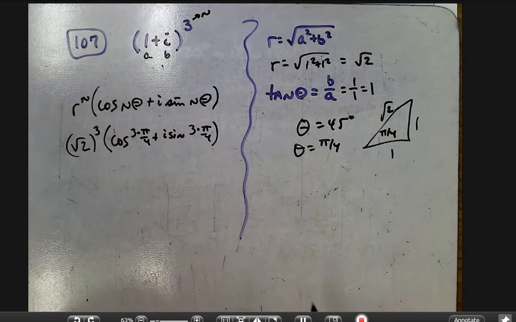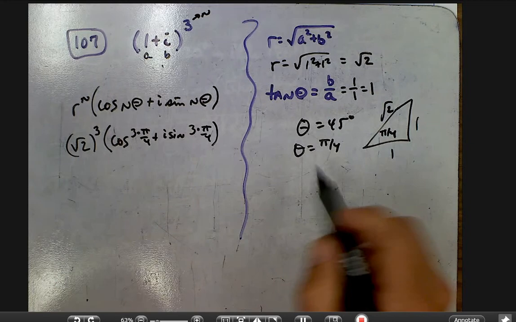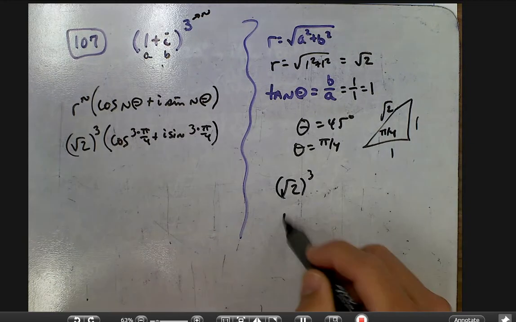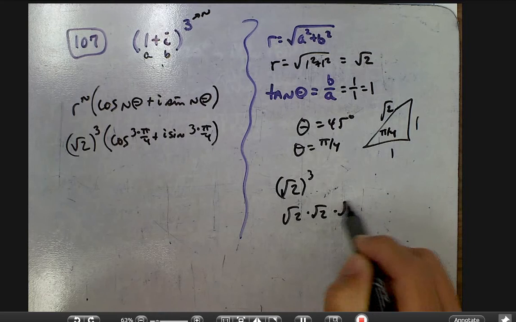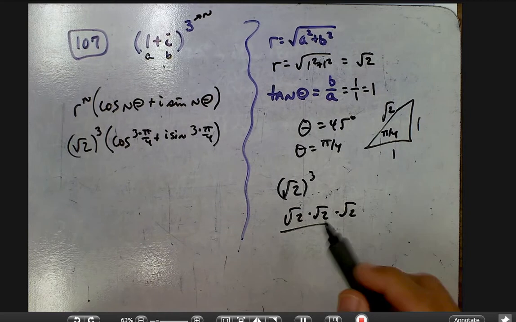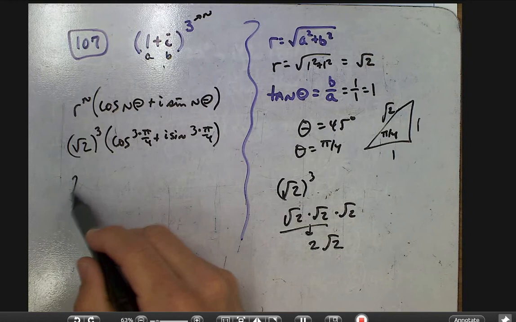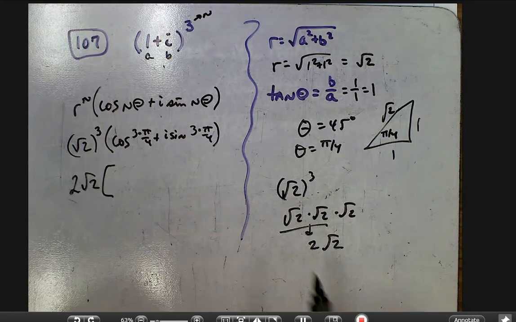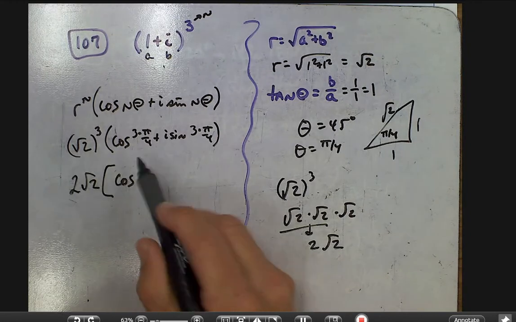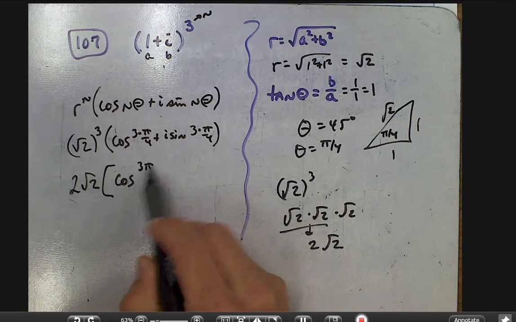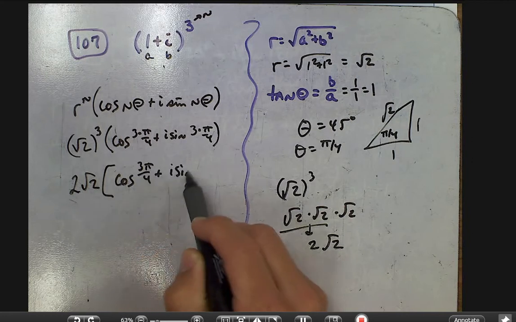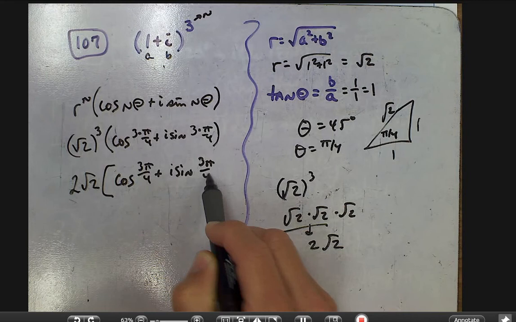Square root of 2 to the third means square root 2 times square root 2 times square root 2. Square root 2 times square root 2 is just 2, so that becomes 2 square root 2 times the cosine of 3 pi over 4 plus i sine of 3 pi over 4 as well.